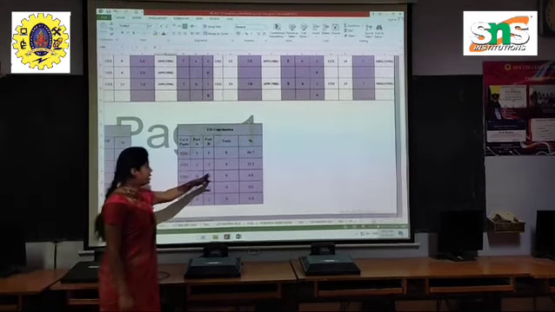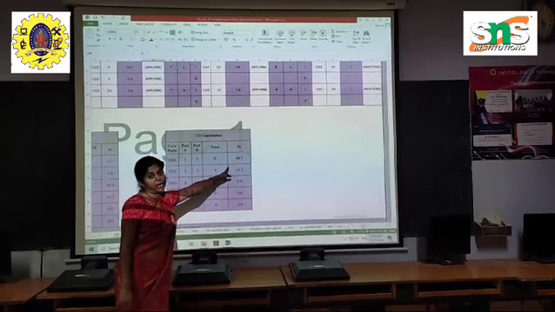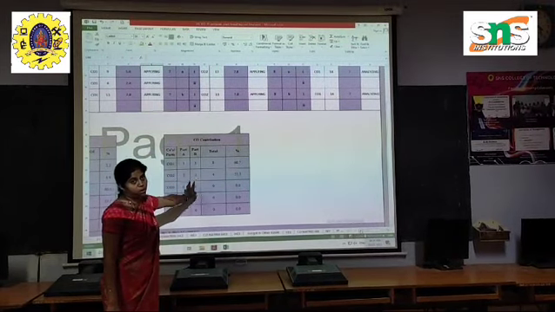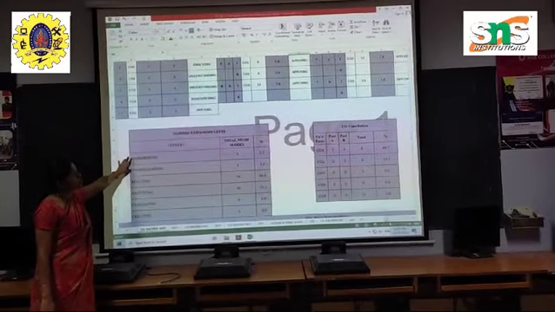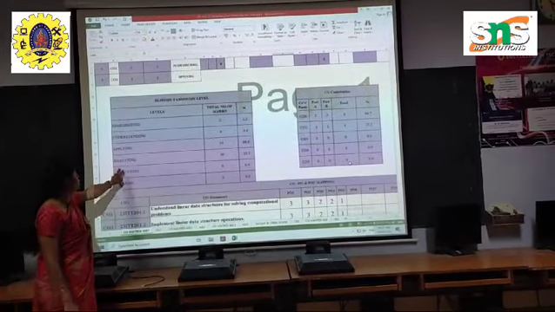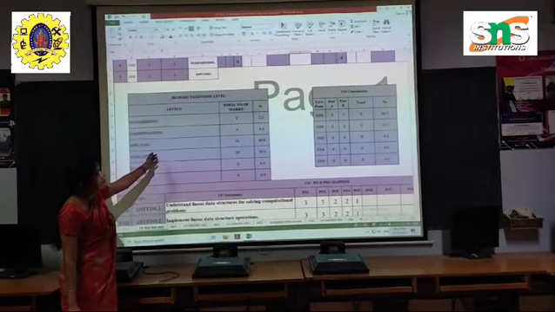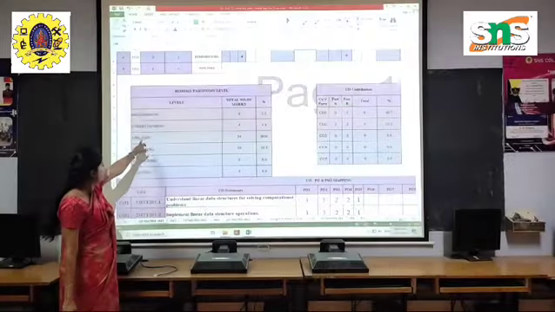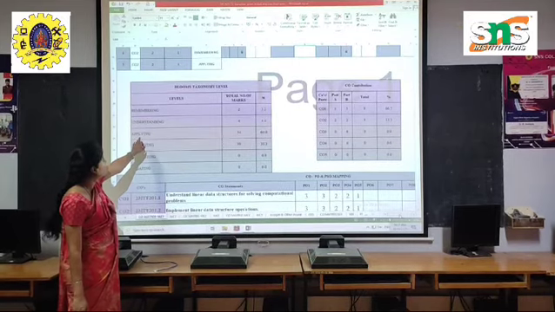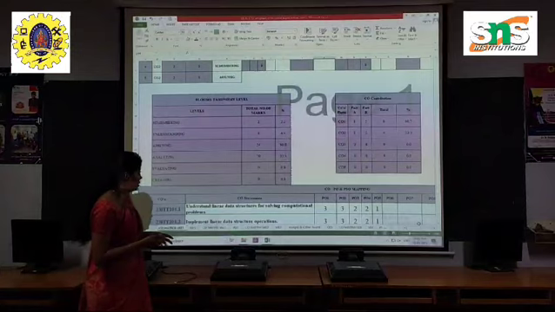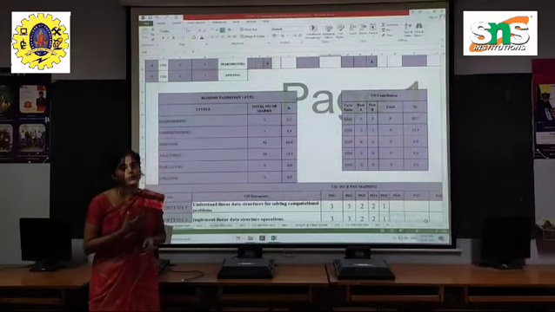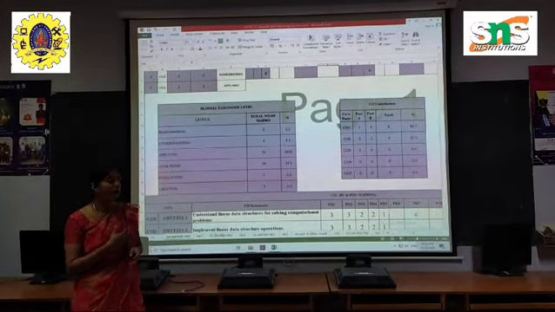So the total number of questions and contribution is calculated based on the percentage for the COs. And here Bloom's level is also calculated. For remembering, 2.2% is contributed by the questions, for understanding 4.4, for apply level 60, and for analysis level 33 point. So this is the contribution of questions in Bloom's level for the IA1.